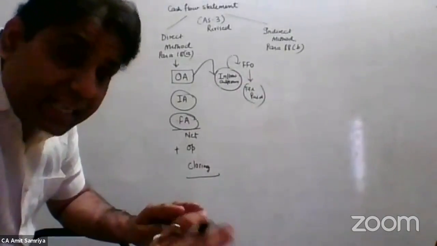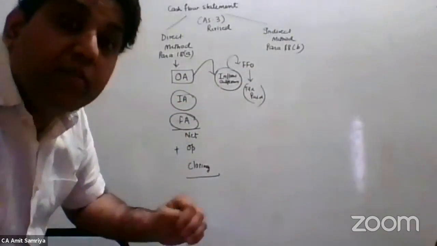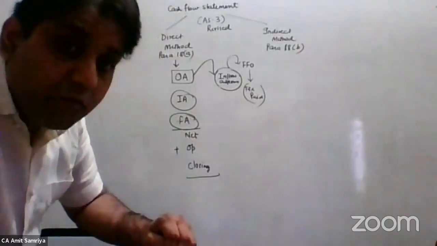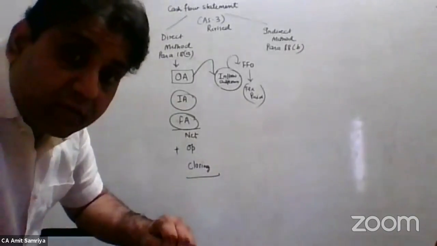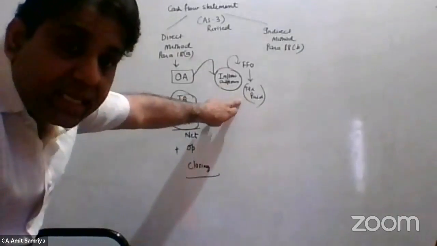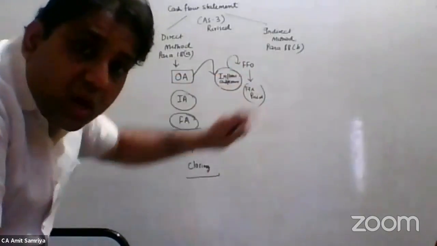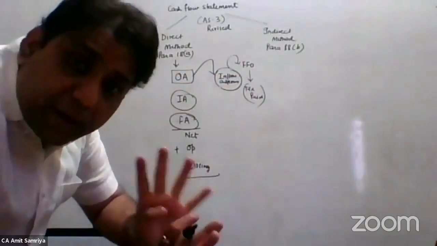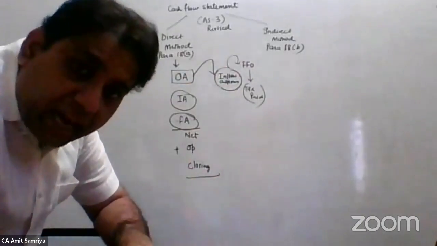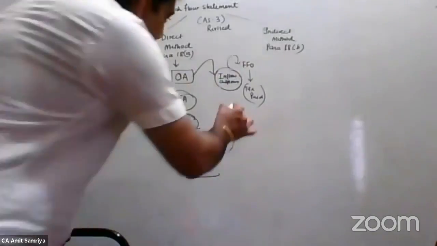Actually, we can deduct tax paid earlier also, but AS3 prescribed the format of preparing cash flow, so we should go as per the format, and accordingly, tax paid is deducted from fund from operations. What is fund from operations? All inflows and outflows from operating activities will generate fund from operations. And from that fund from operations, when tax paid is deducted, you will arrive at the final answer.